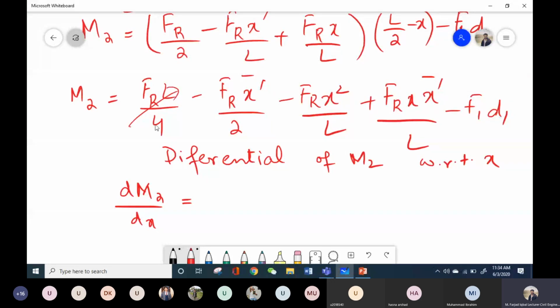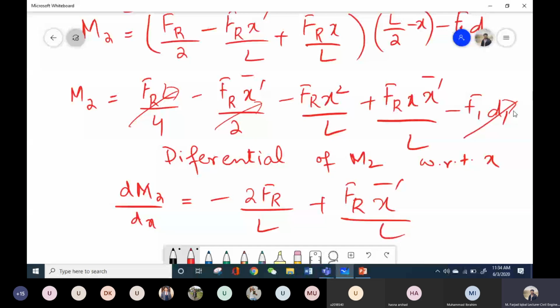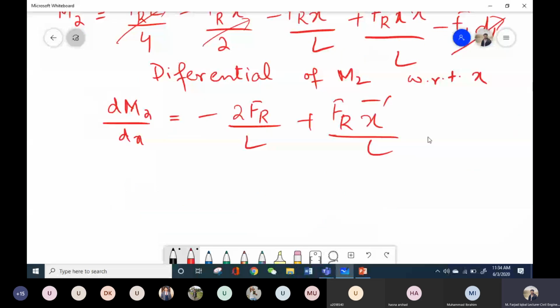So if I take the differential of this whole equation with respect to x, this will be 0, this will be 0, and I will have the differential of this term, that will be minus 2FR over L, plus the differential of this one, that is FR x bar dash over L, and this last one will also be 0. Now I can set this differential as 0.